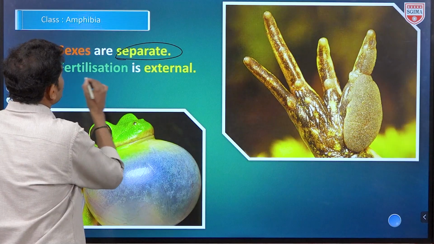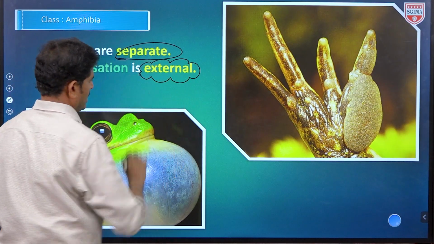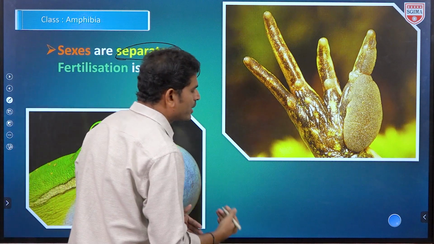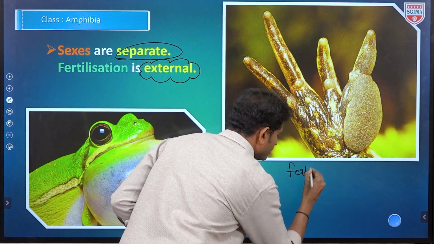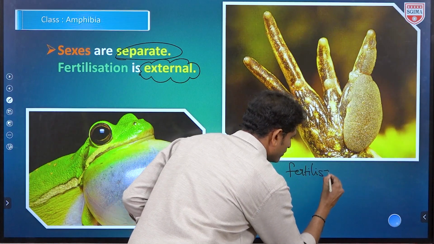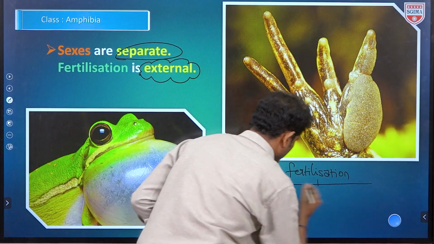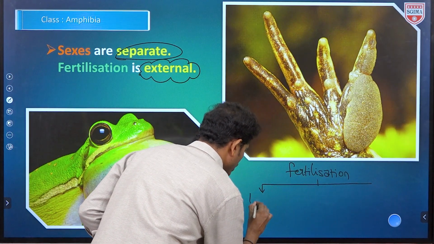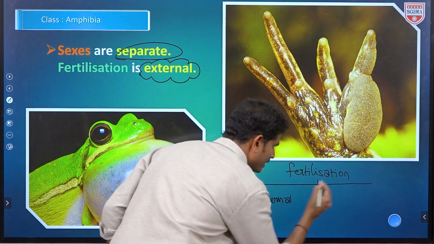And fertilization is external. External fertilization will take place. Fertilization means fusing of gametes. Fertilization has two types: external and internal.